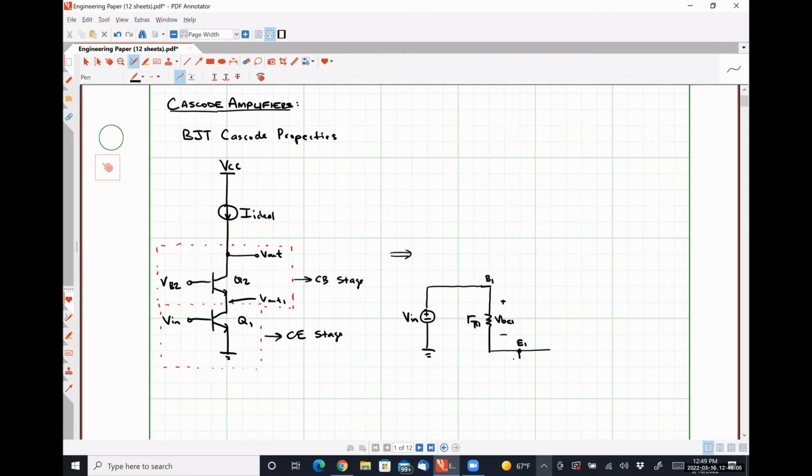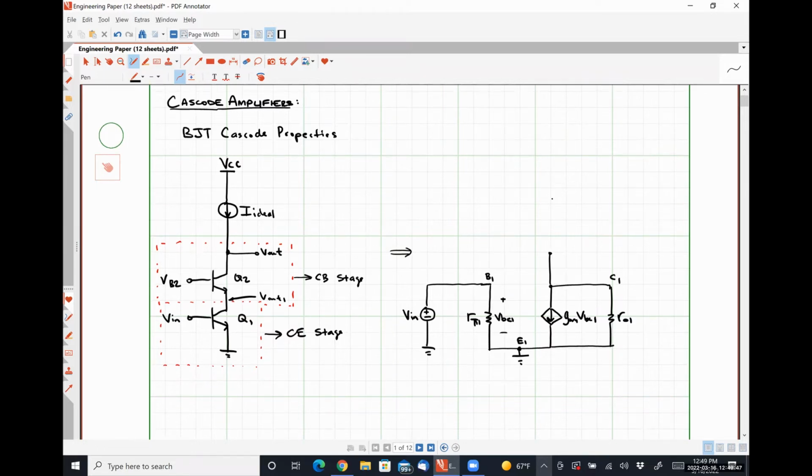Here is emitter 1, and the emitter of Q1 is at ground. Here we have gm1 VBE1. Here is ro1, where we are unfortunately going to be including Early effects, which makes the math slightly harder. But if we don't include Early effects, we can't actually see what's going on here because we're not loading these things with anything real. All right, so that's what transistor 1 looks like.